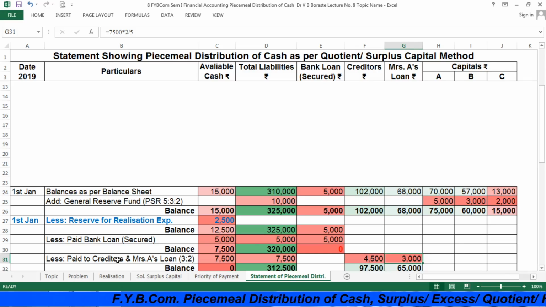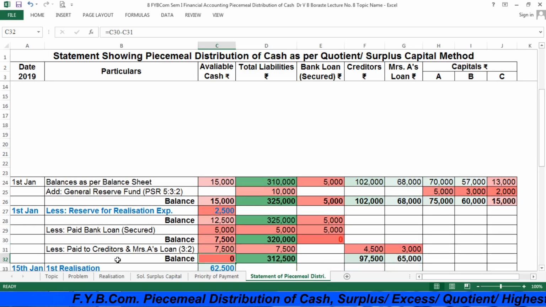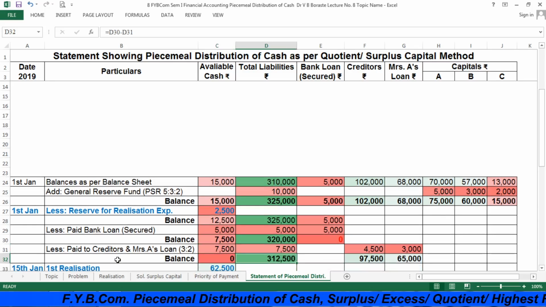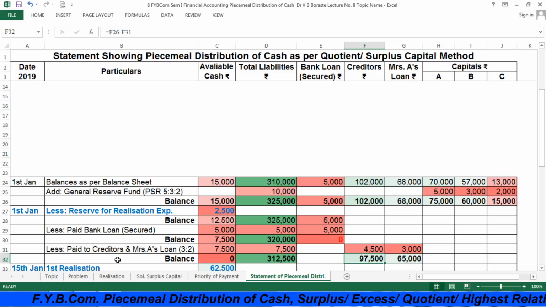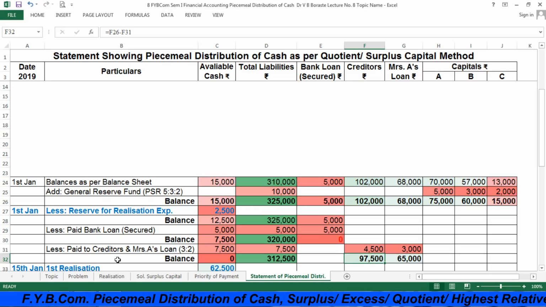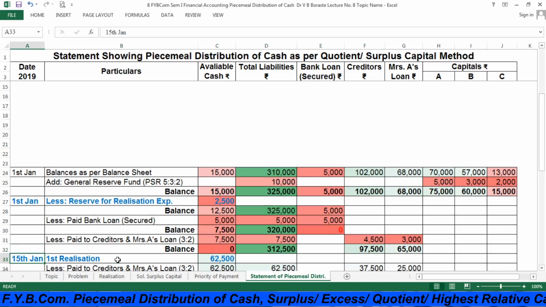This is nothing but the distribution of 7,500 among the creditors and Mrs. A's loan in the ratio of 3:2. So in hand the balance is again nil, cash is nil, total liability is reduced to 3,12,500, and creditors still have to receive 97,500 and 65,000 for Mrs. A's loan.